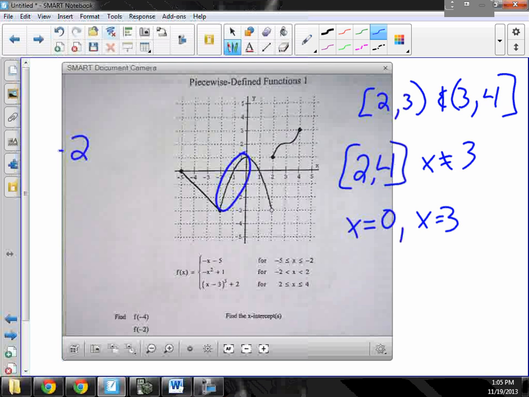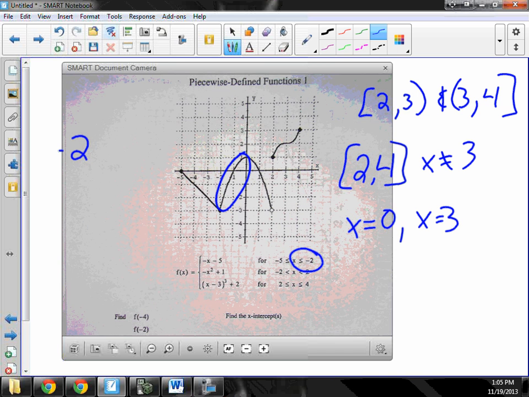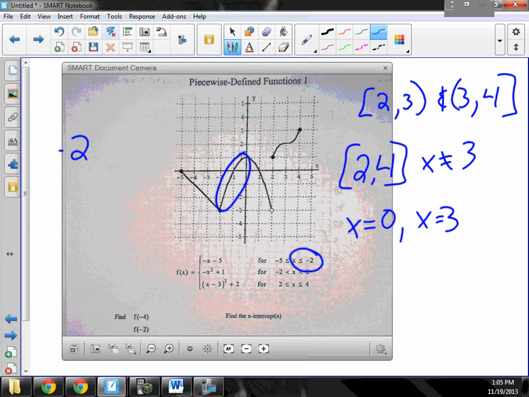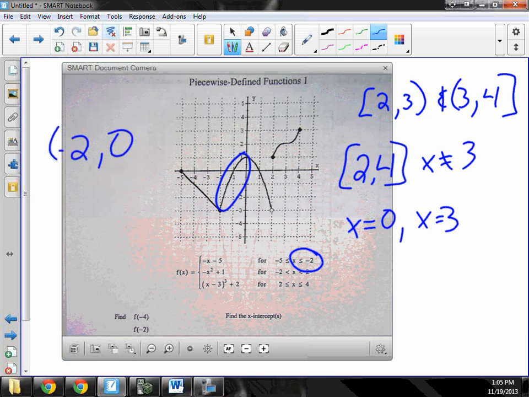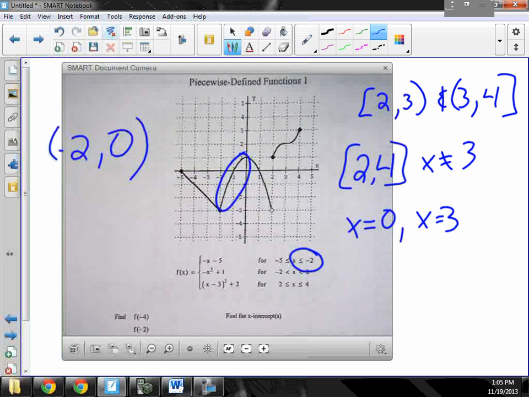Which domain covers -2? It tells us right here. -2 is part of the linear equation. So at -2, is it going up or down? Down. So the increasing interval here would look like this. Is it going up or down at 0? Neither. It's flat. All right.